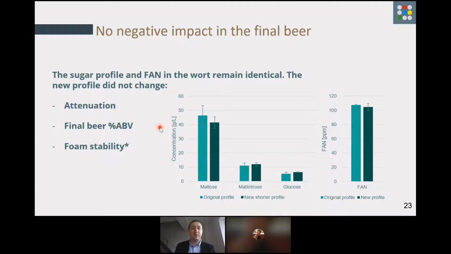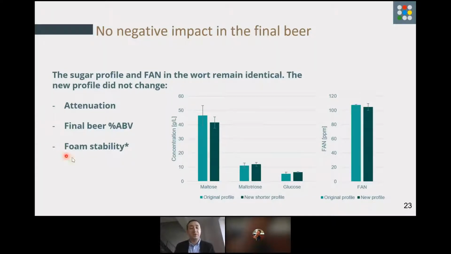Also, the final beer content. So this is actually the wort content, and the final ABV in the beer was the same for both profiles. The attenuation was also the same. It was around 75%. This you can read in the open source paper that I mentioned before.